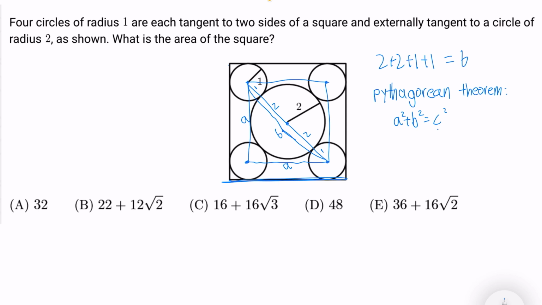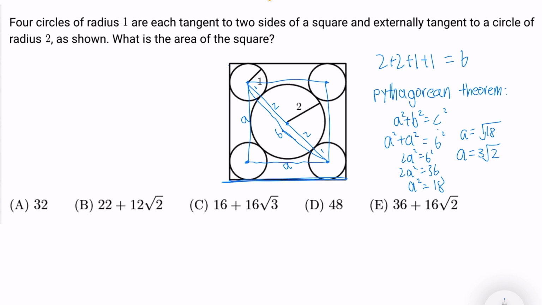Here we know that the hypotenuse is 6, so 6 squared is equal to a squared plus a squared. This is because it is a square, so the legs are the same length. So 2a squared equals 6 squared, 2a squared is equal to 36. Okay, so a is equal to 3 times radical 2.